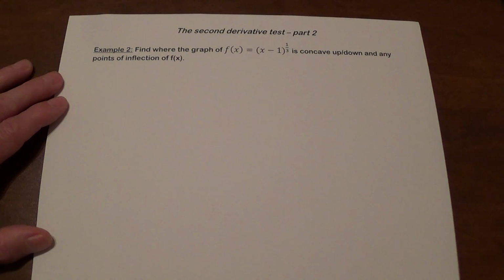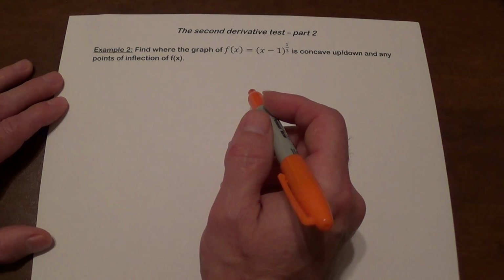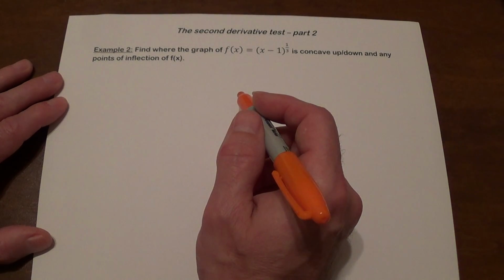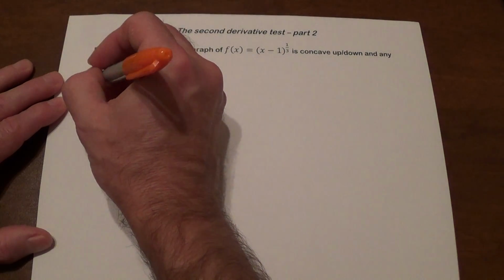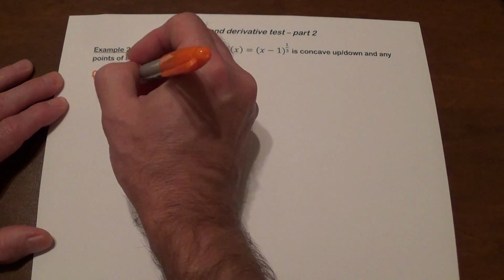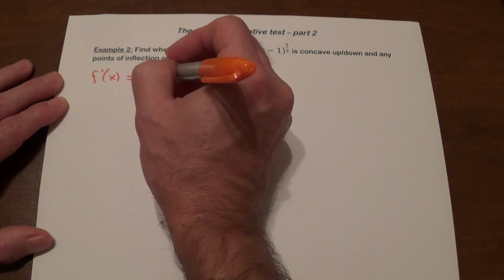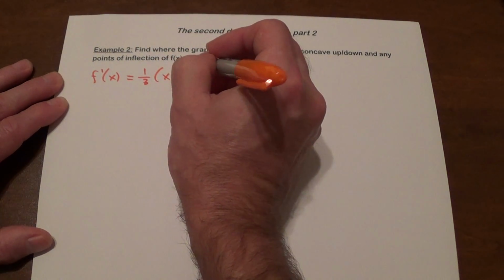Same question for this function. We are going to have to find the first derivative, which is 1/3 times x minus 1 to the power of negative 2/3.